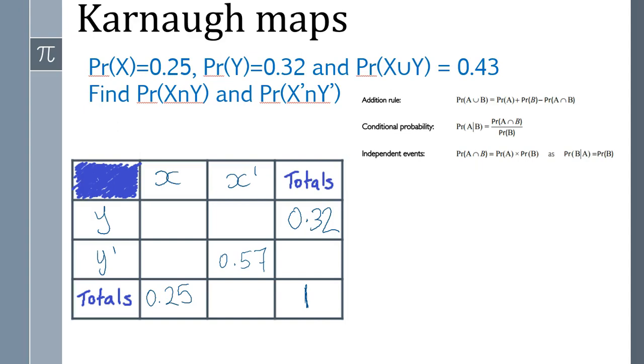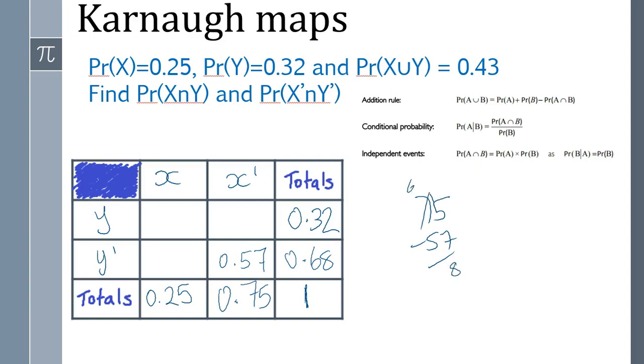Now, with the Karnaugh tables, the totals column and row have to add up. So 0.32 and this have to add up to 1, so that would be 0.68. It has to add up to 1 across this way, so 0.25 and 0.75 will get us to 1, and same going down here, so 0.75 and 0.57.